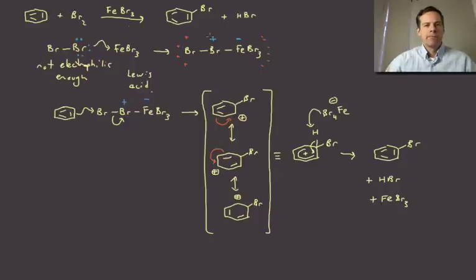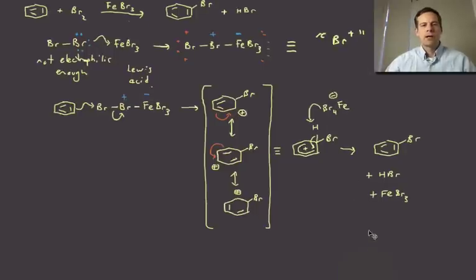Okay, so the key part here, or the unique part here, is that we're generating a highly reactive bromine electrophile, which, at least conceptually, we could think of as a Br+ type of situation. All right, so that's bromination.